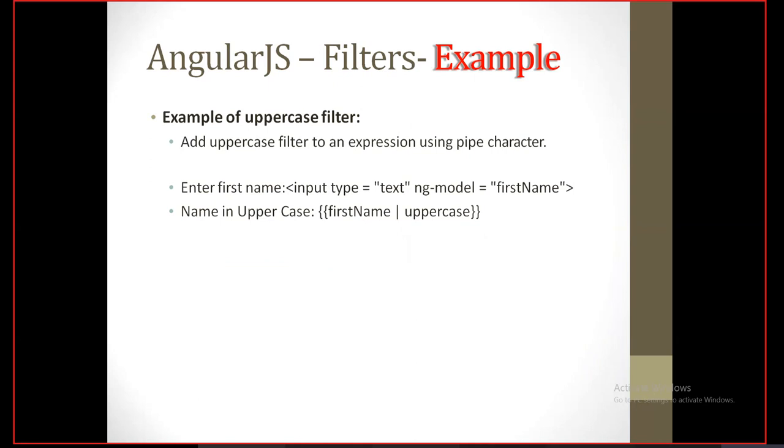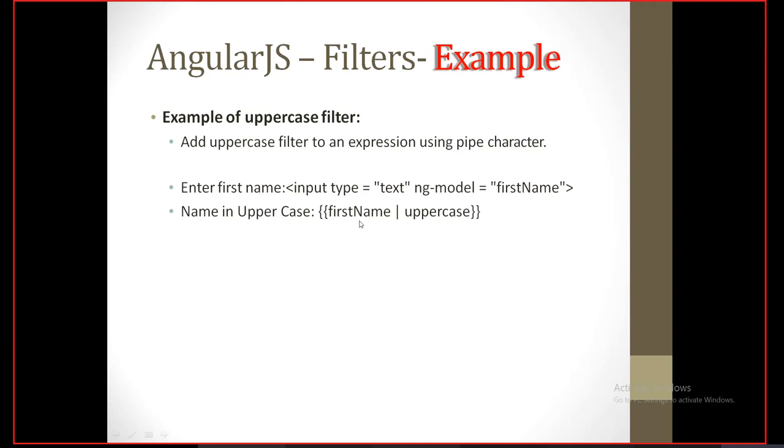So here's an example. You can see, if we are using the uppercase filter, the following is the way we have defined an input field of text type, and we have used ng-model for defining a variable firstName.